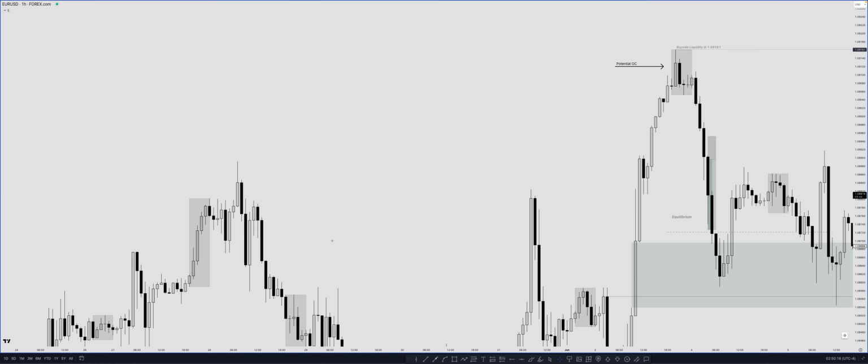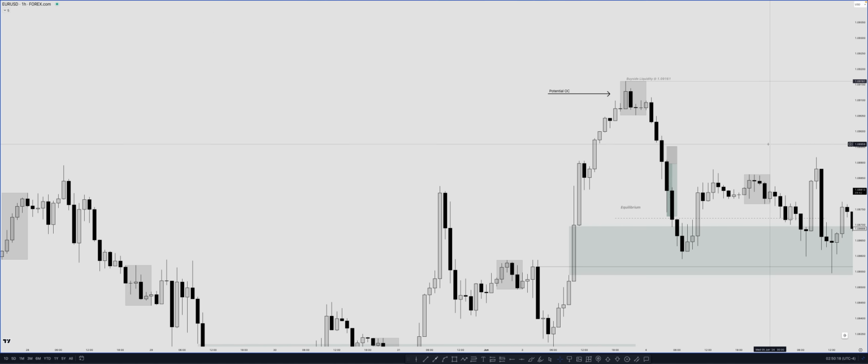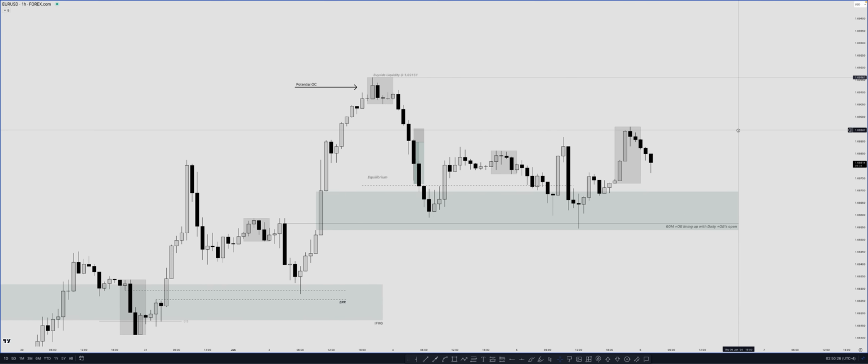On the 60-minute, if we quickly zoom in, I think you guys remember what I was drawing for us. I was looking for this to be a potential original consolidation of a buy model on the 60-minute. Our drawing looked something like this.